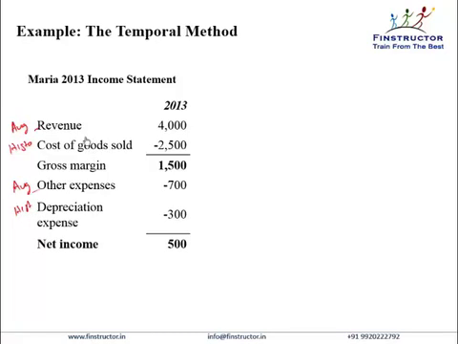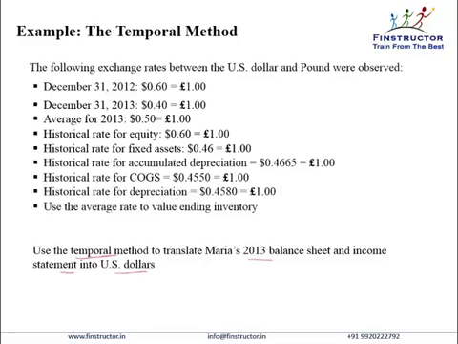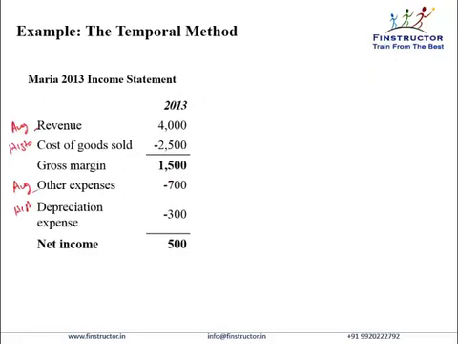So let's go into the question and get these rates. The average for 2013 is $0.5 per British pound. The historical rate for COGS is given to be $0.455 and the historical rate for depreciation is given to be $0.458. So let's apply the rates and let's calculate the translated income statement.